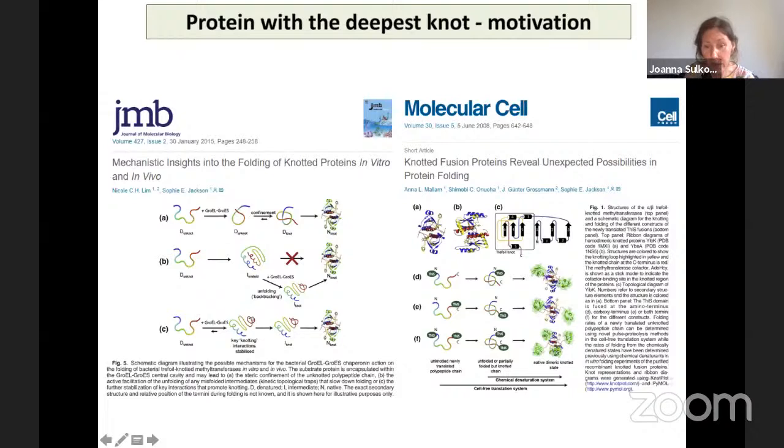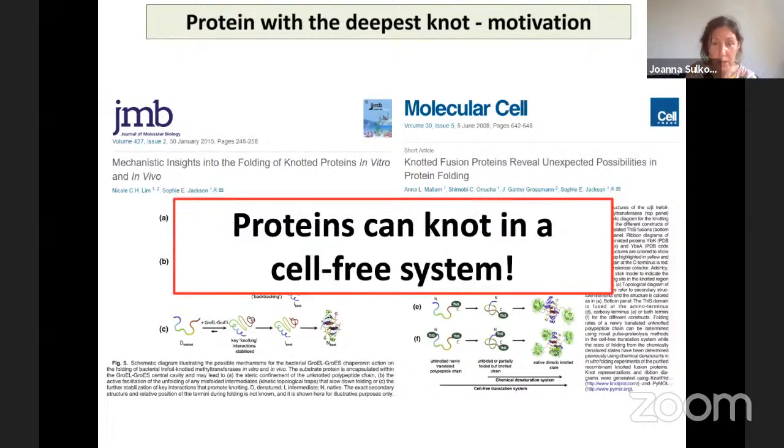So this is a very nice experiment, but an additional proof that the protein was untied would be nice, to support this pathway. So this is telling you that protein can knot in a cell-free system, so you don't need any additional help to make a knot.